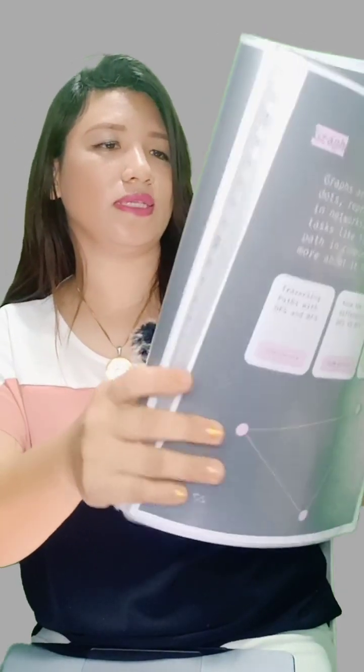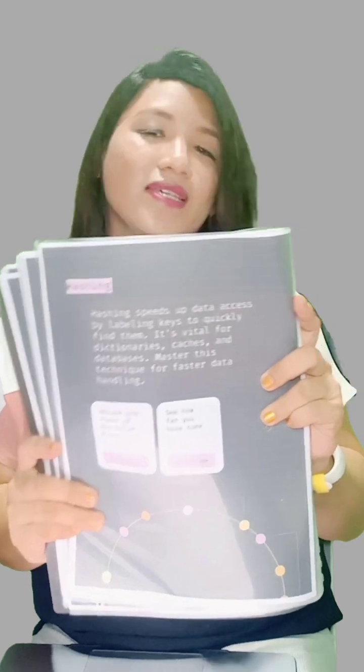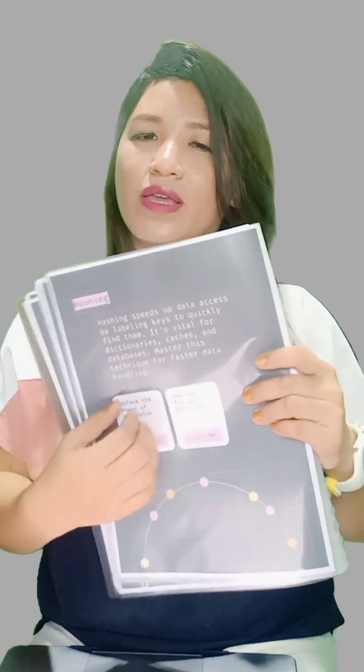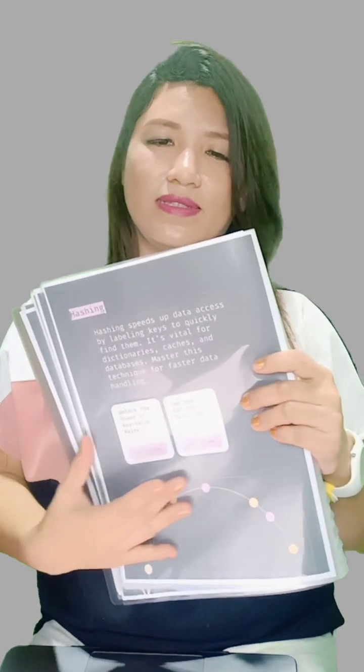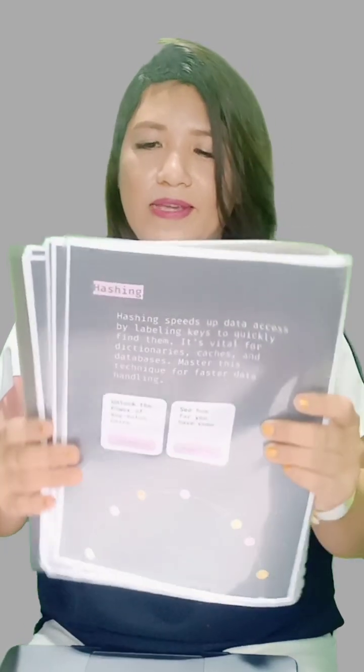Heaps. So what are heaps? I will not bombard you with information inside this ebook, so you can search and see for yourself, right? Hashing, you will also get to know what hashing is. There are free exercises that are clickable in the soft copy or PDF file, so you can play along and experiment with the exercises, see how much you know, and unlock your coding potential.